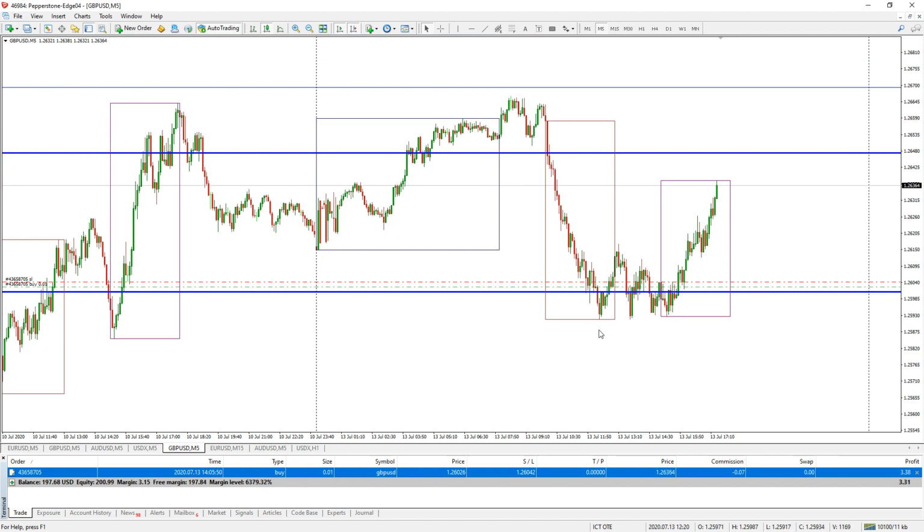At the end of the first session of London, and between London and New York session, you'll see price do this. It drops, does a prancing horse, and then takes off again.